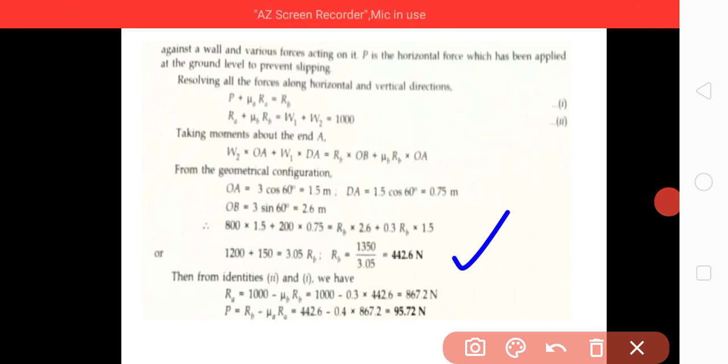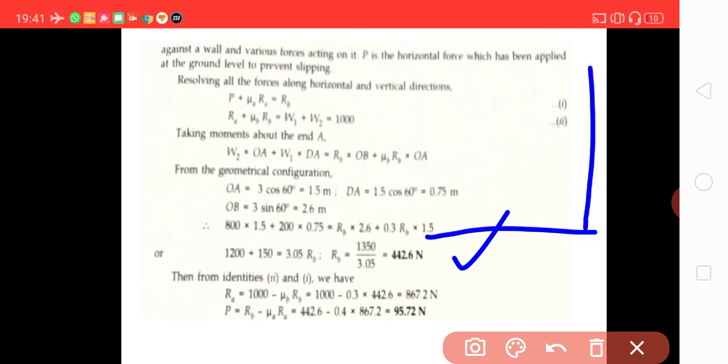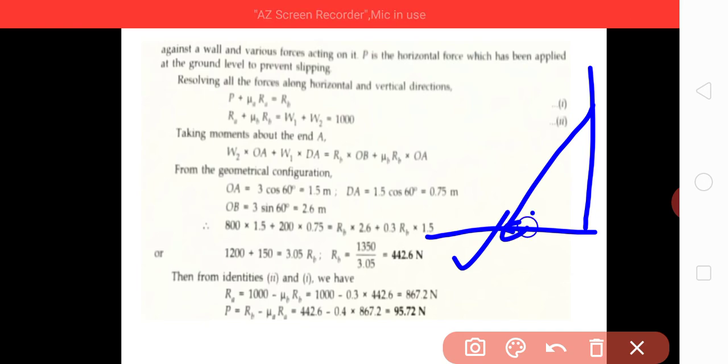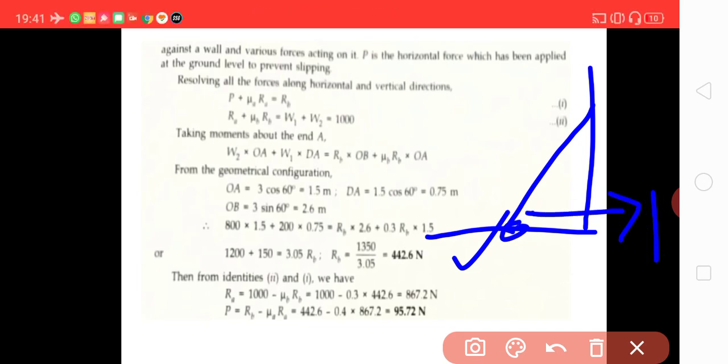From the first and second equations, when putting these values here, you will find P equal to 95.70 Newton. Means the 95.70 Newton force has to be applied at the root here to keep the ladder in position when angle is 60 degree.